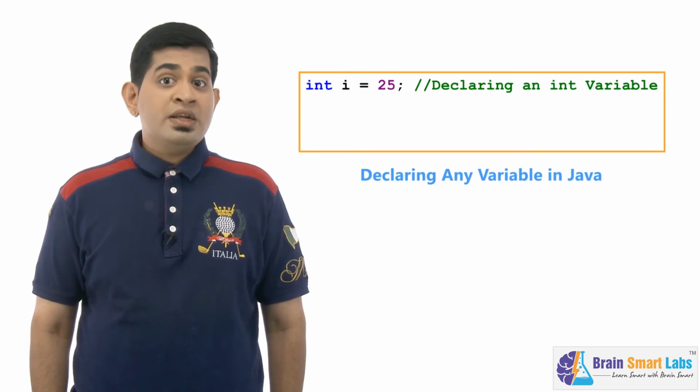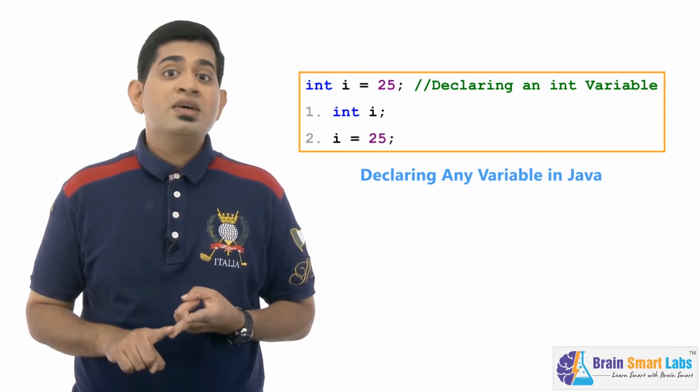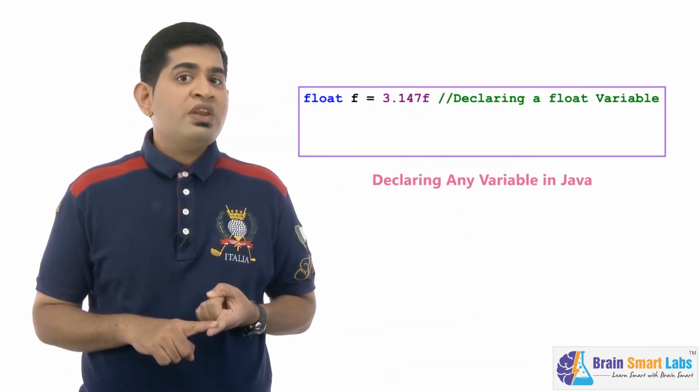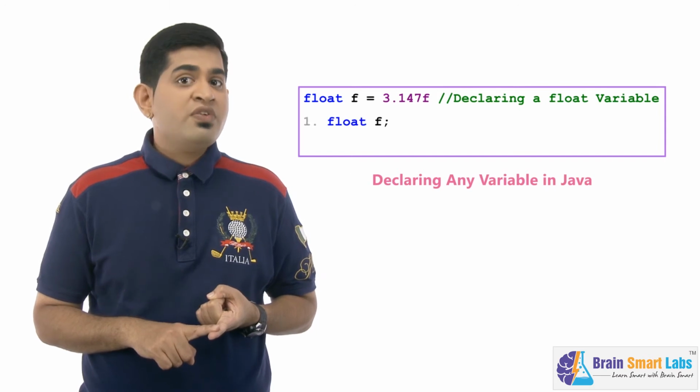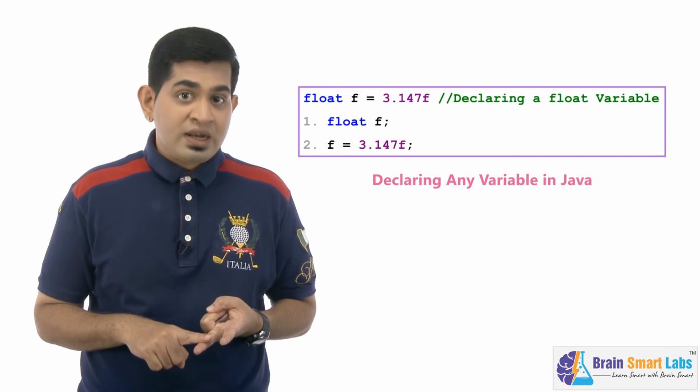This style of splitting can be done while declaring your primitive variables. Here, int i equal to 25 can be written as int i in one line and i equal to 25 in the other line. Likewise, float f equal to 3.147f can be written as float f in one line and f is equal to 3.147f in the other line.